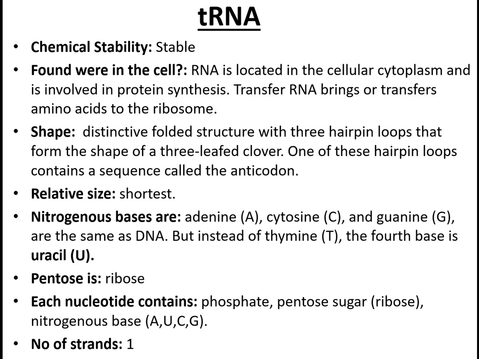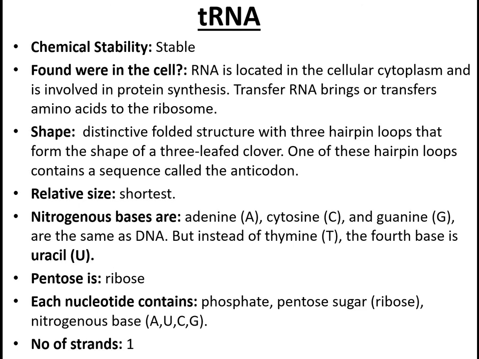It's got a distinctive folded structure with 3 hairpin loops that form the shape of a 3-leafed clover. One of these hairpin loops contains a sequence called the anticodon. It is the shortest of the 3 molecules, and the nitrogenous bases are adenine, cytosine, guanine, and uracil, so A, C, G, and U. There's no thymine.